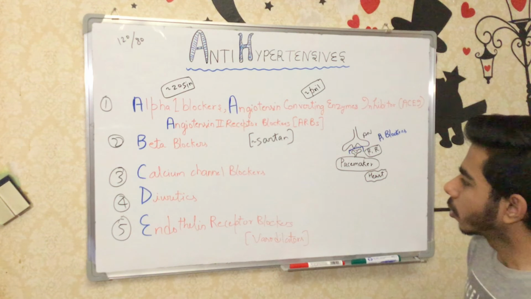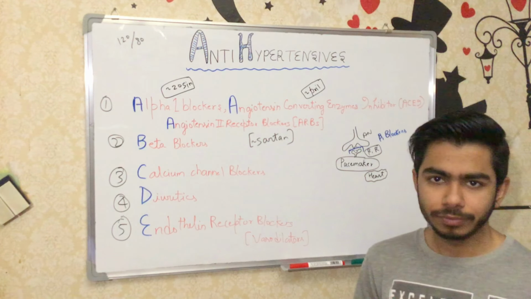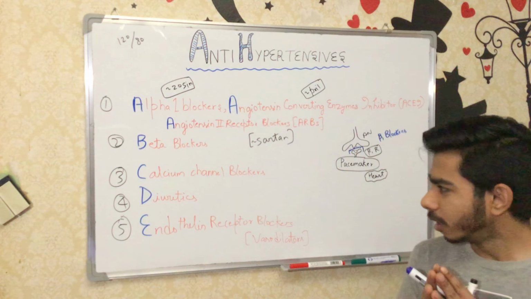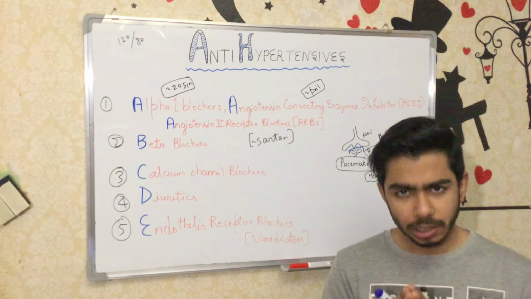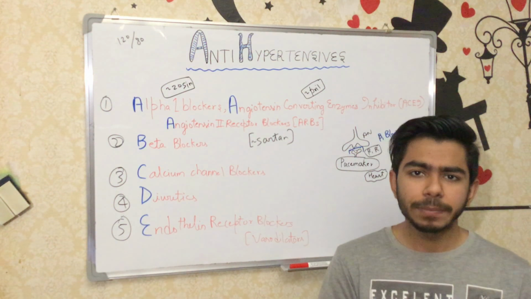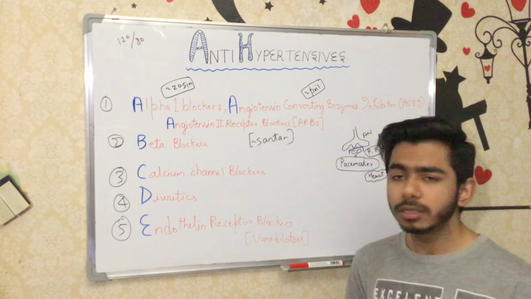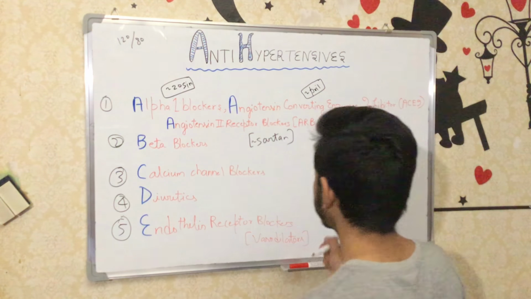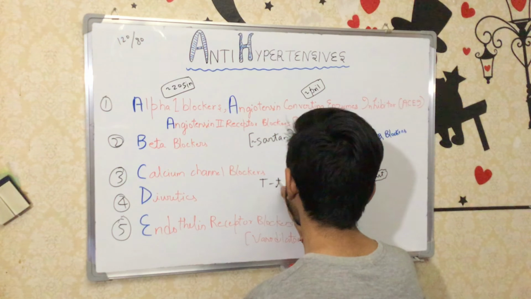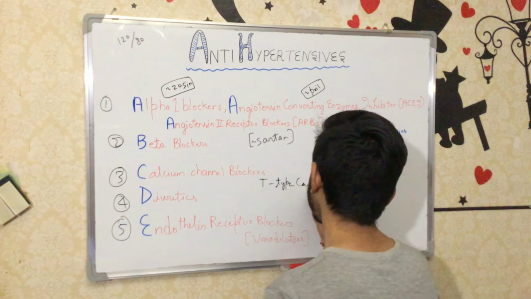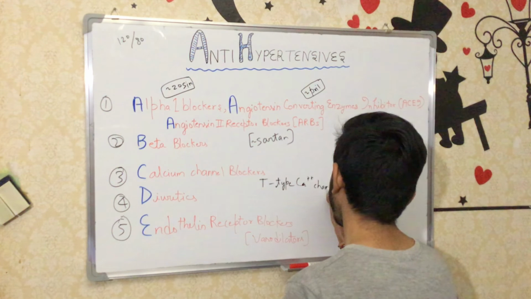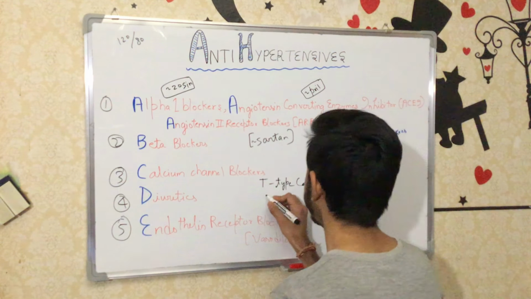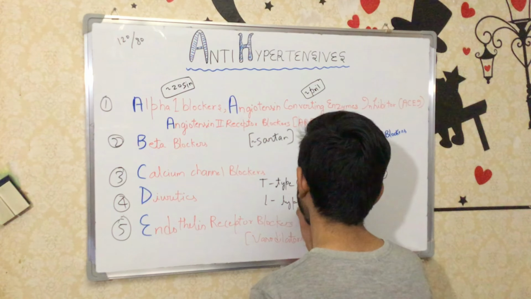Now talking about the calcium channel blockers. Actually we have two types of calcium channels in our body, that is T-type calcium channels and L-type calcium channels.